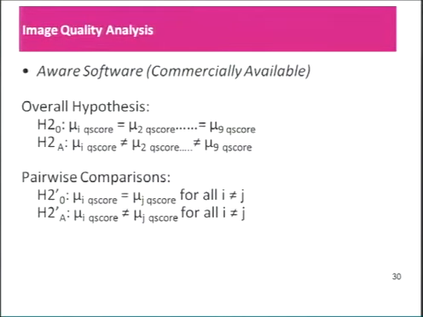So the next step performed was a very similar methodology, but here we looked at the image quality of the data sets, and the idea was to see if the mean image quality scores for these 9 different data sets are statistically similar or not.